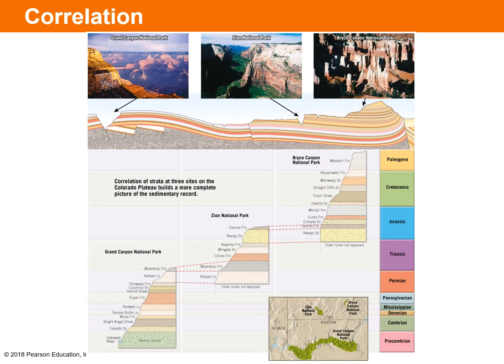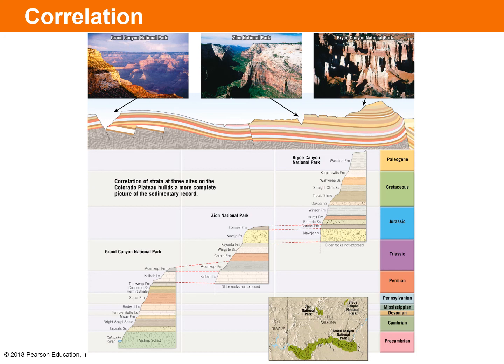This slide shows a really good example of correlation between 3 different national parks in the southwestern United States. So you have the Grand Canyon, Zion National Park, and Bryce Canyon National Park in this case.